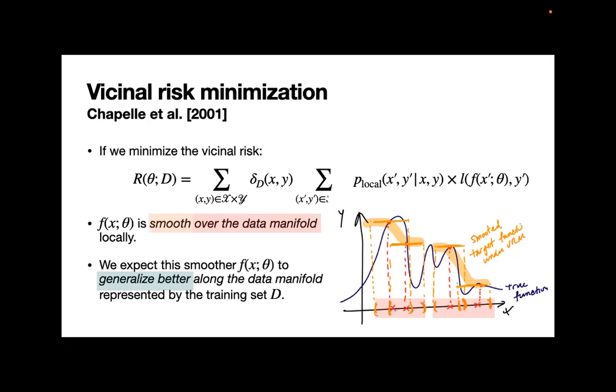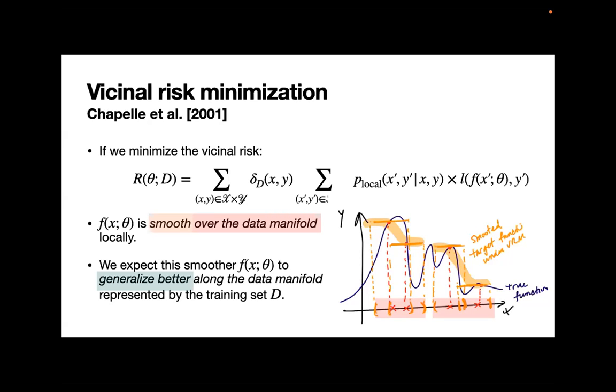The reason we do this is that we expect this smoother classifier to generalize better along the data manifold represented by the training set D. And one little detail that I left out is that we assume all those test examples are also going to lie on the data manifold. I'm going to get to that a bit later, whether that matters or not, but this is our expectation.